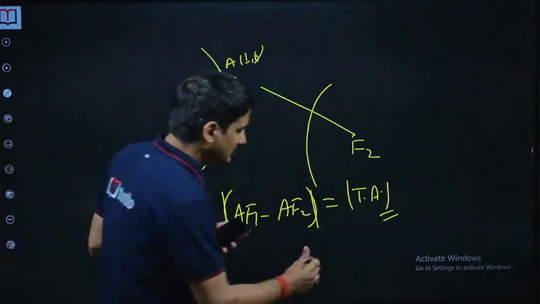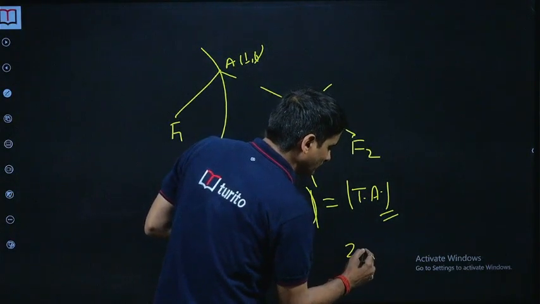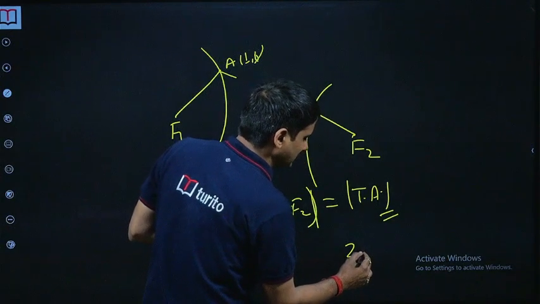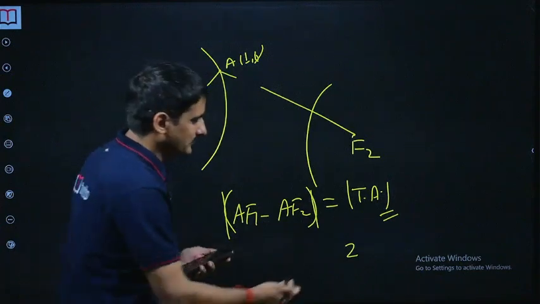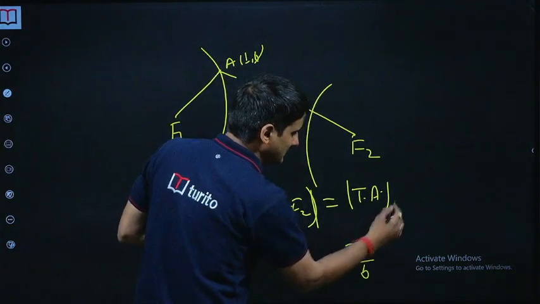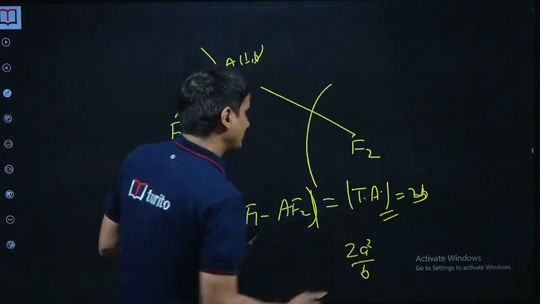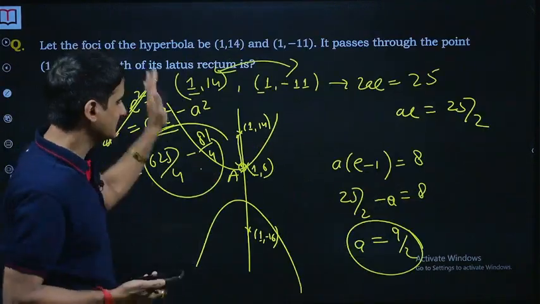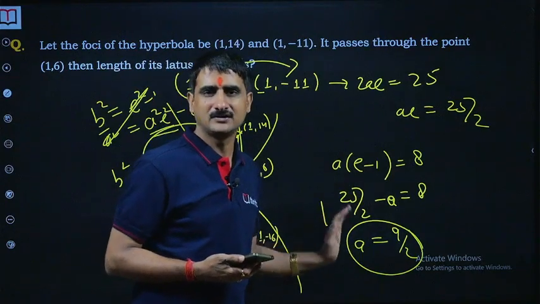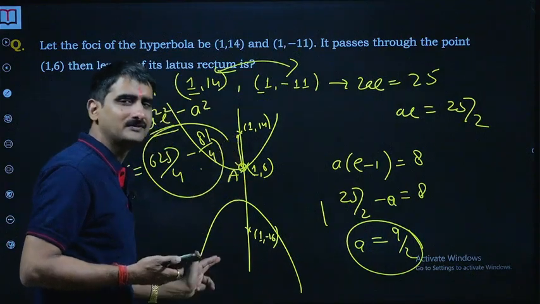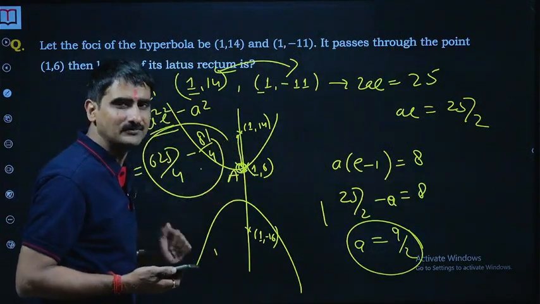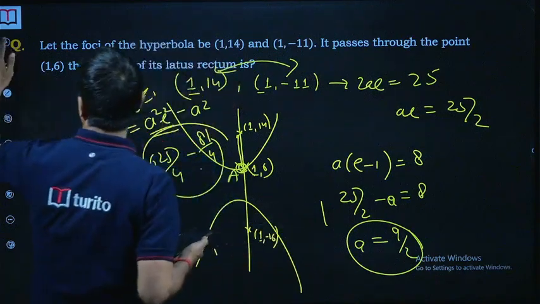Okay, and then the length of the transverse axis in that case, if it's a vertical one, will be 2b. So it has to be 2a square by b, and this is nothing but 2b. Okay, but then I realized it's a simple hyperbola, and all the points lie on the axis itself. That's the vertex of the hyperbola. So we can use the figure and complete this one.